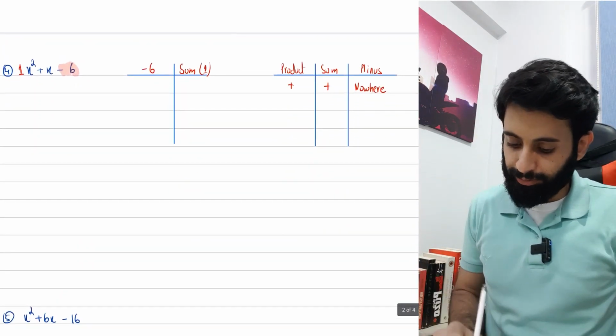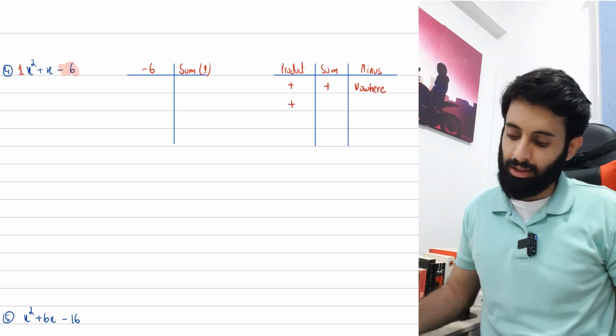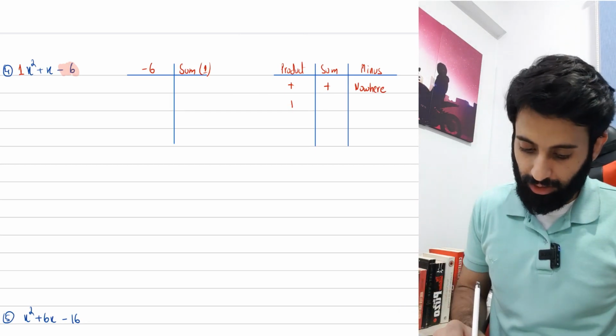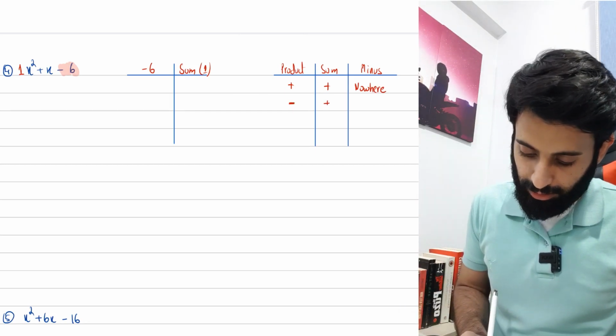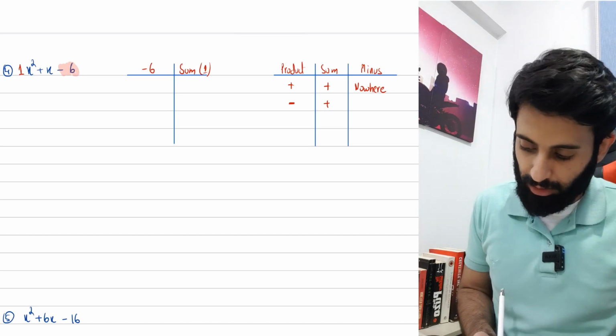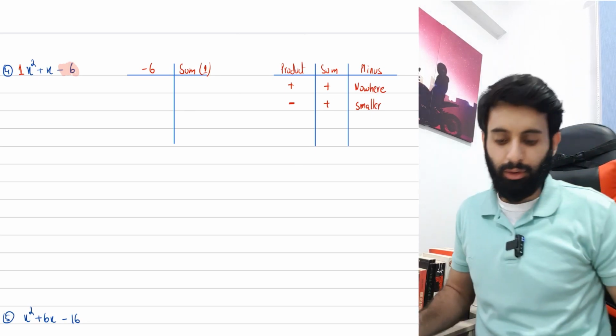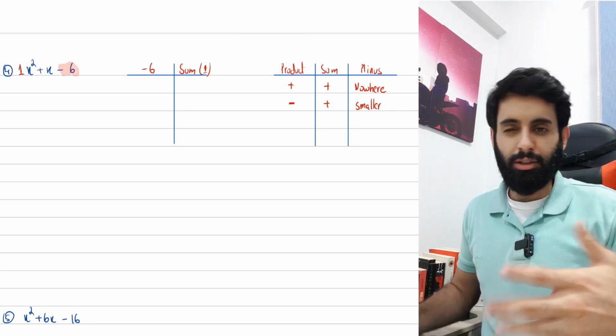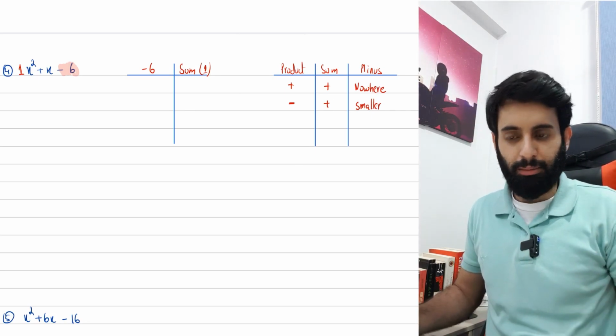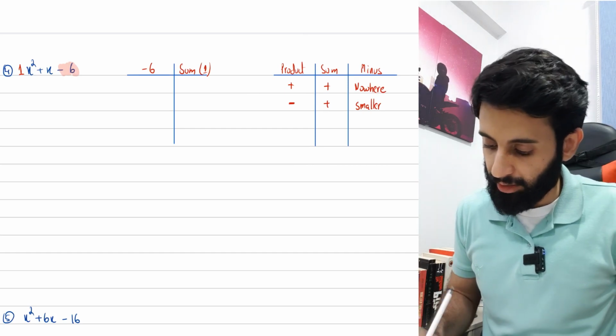If, however, the product is negative and the sum is positive, where do you put the minus sign? You put the minus sign with the smaller value. Okay, so I've written smaller here so that you remember where to put it. Smaller basically means smaller value. Okay, now what do I mean by that?